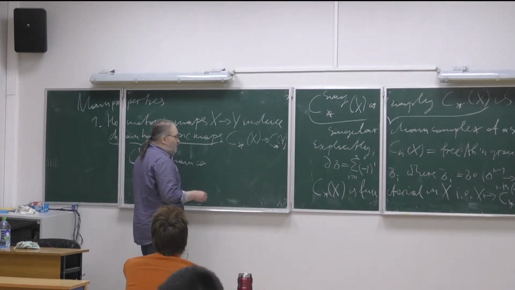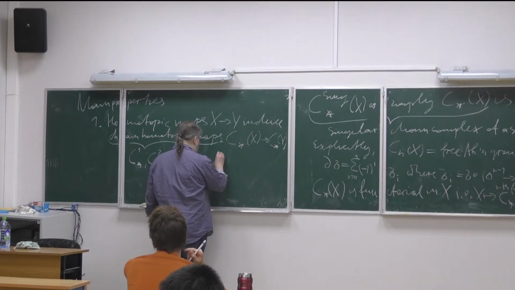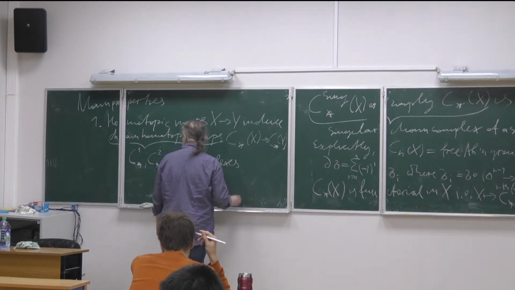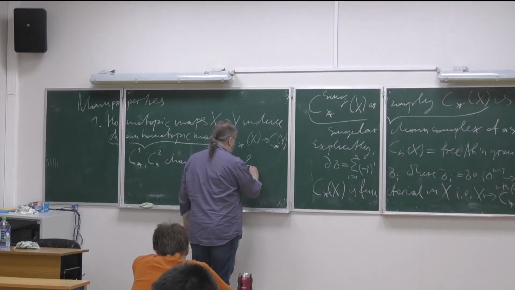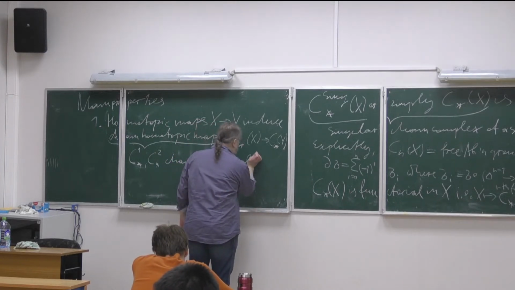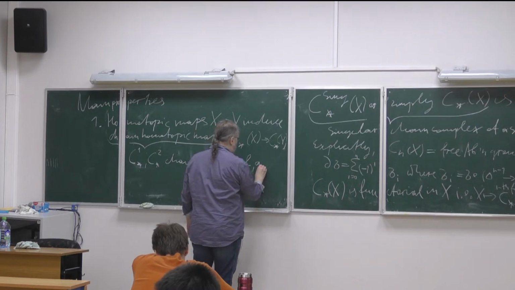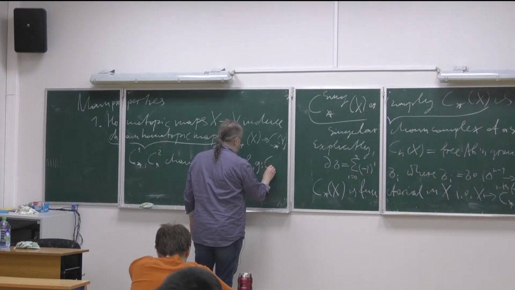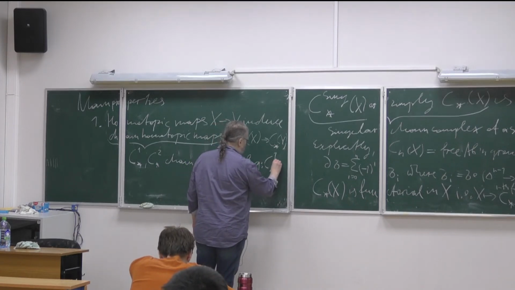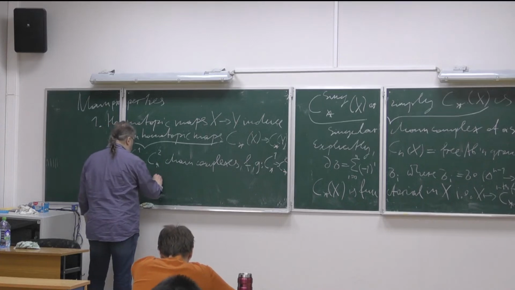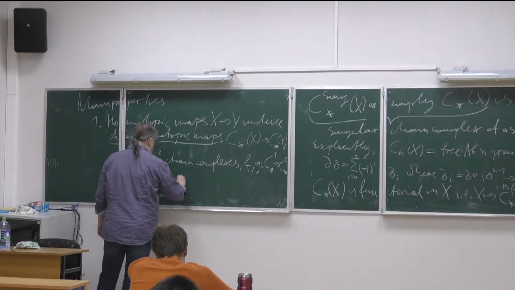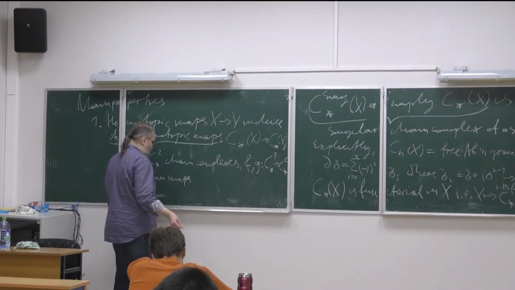So suppose we have two chain complexes, C1 and C2, and suppose we have F and G, chain maps. What does this mean?